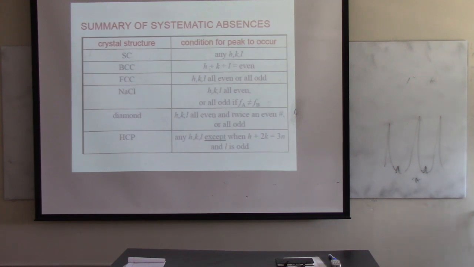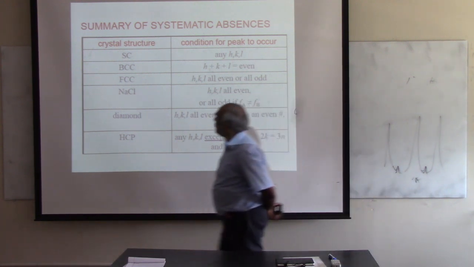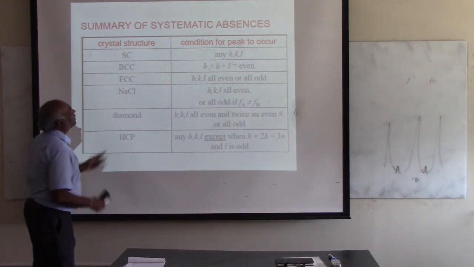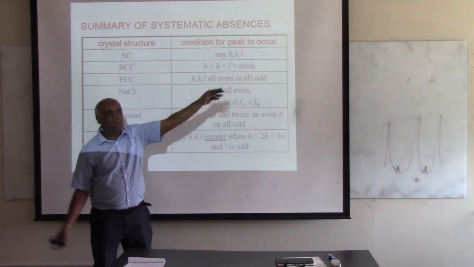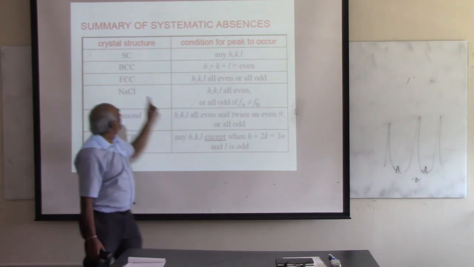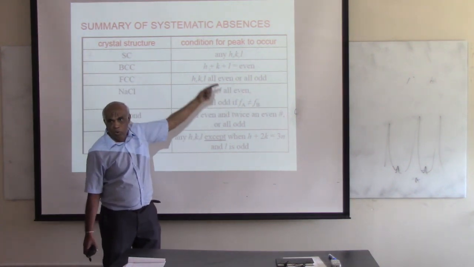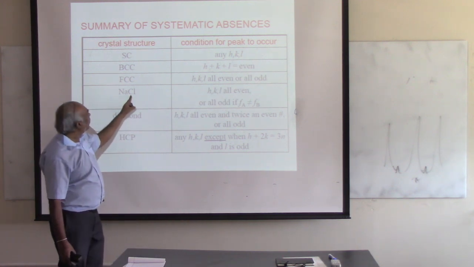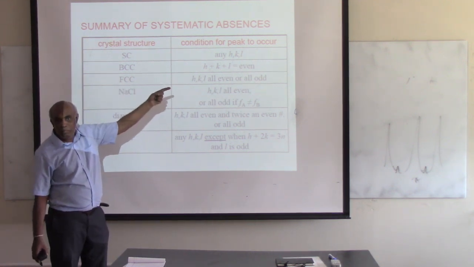So if I put this in some summary: simple cubic, any HKL is allowed, right? Because you get just F. If it is BCC, the sum should be even. FCC, either all even or all odd. Sodium chloride, remember, is all even or all odd.